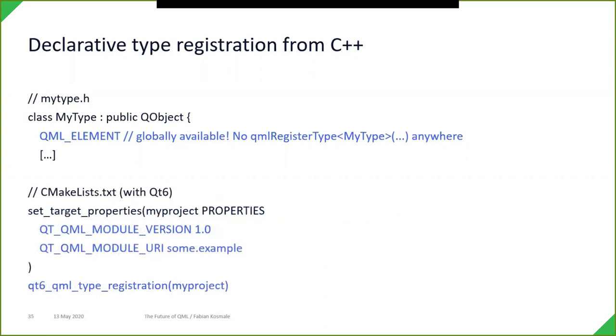At least that's what I would like to tell you. However, it only will work with Qt 6 in CMake, because unfortunately we needed newer features from CMake which weren't available when Qt 5.15 was released. However, with Qt 6, you also can do it with CMake, as you can see here.